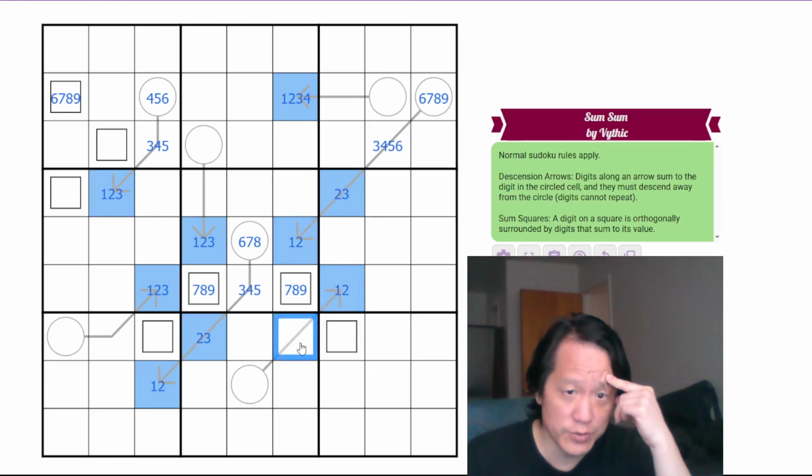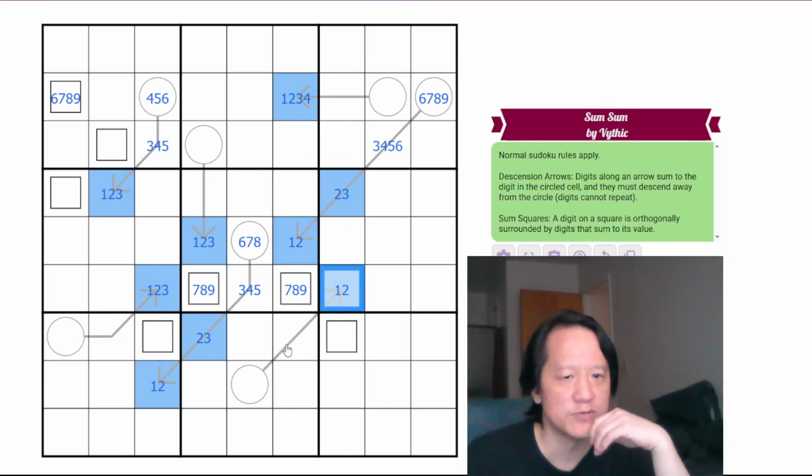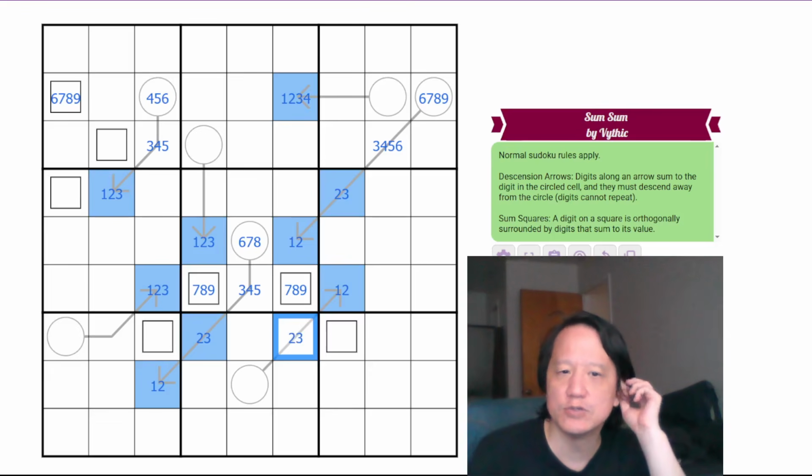You could have 2 and 3. That does work. Can you have 2 and 4? No, because 1 and 3 adds up to 4, plus 2 and 4 adds up to 6. 4 plus 6 is 10, which a single digit obviously can't be. So this must be 2 or 3 here.